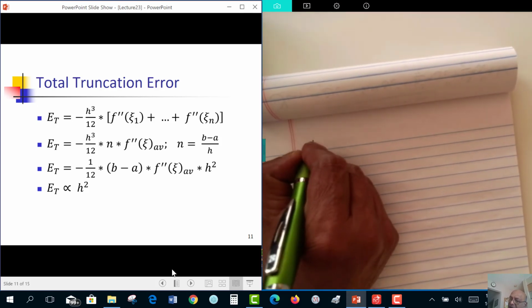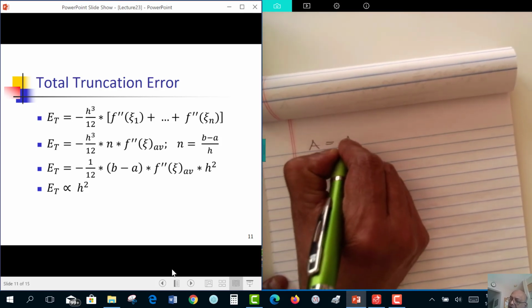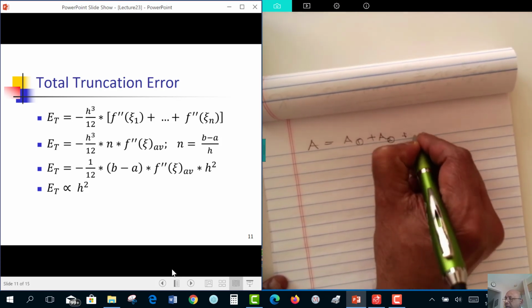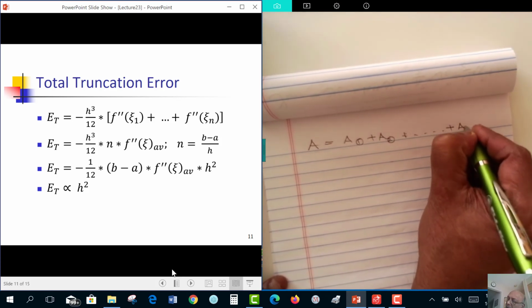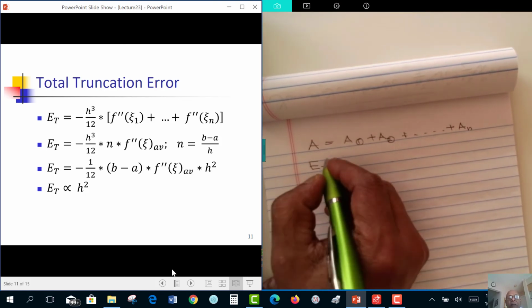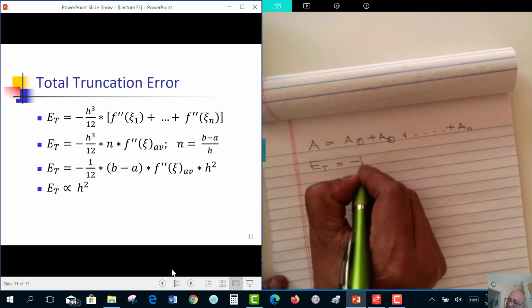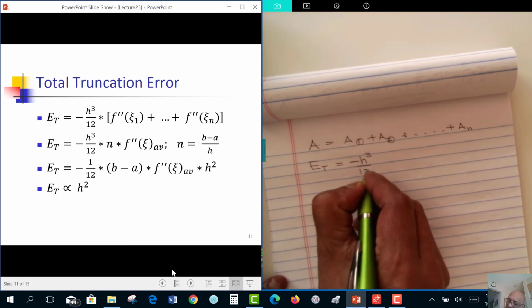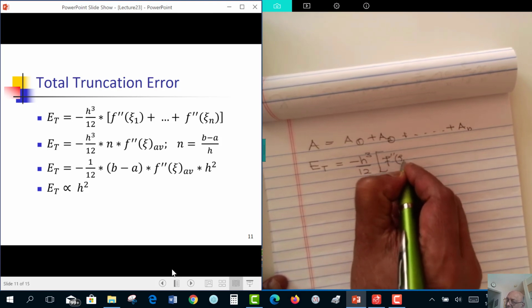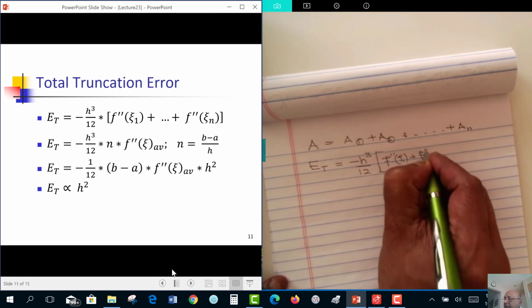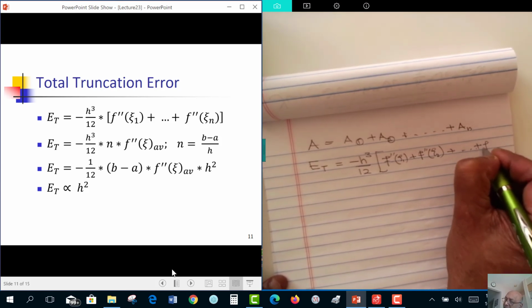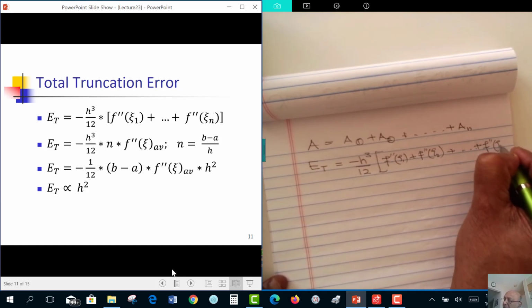But before we just look at one strip, let's look at all the strips, the total error. So of course our area is the area of the first strip, second strip, and so on. The same way we can add up the truncation errors. Every truncation error has this term h cube over 12. And then we have the second derivative at zeta 1, second derivative at zeta 2, on and on to second derivative at zeta n.